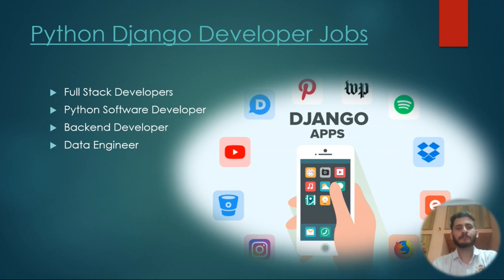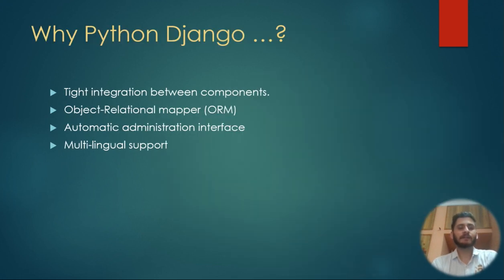Apps which work with Django, for example, are YouTube, Spotify, Mozilla, Mozilla Firefox, etc., built with Python Django. Its features include tight integration between components, ORM (object relational mapper), automatic administration, and multilingual support.